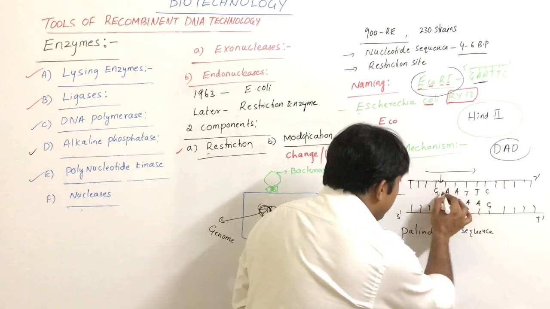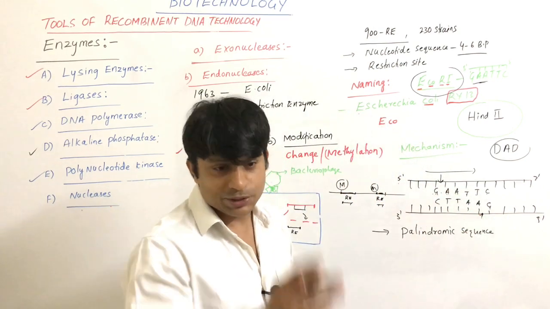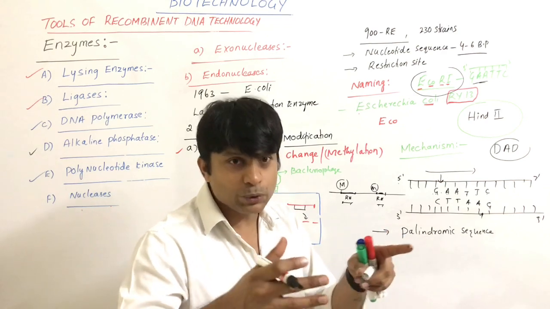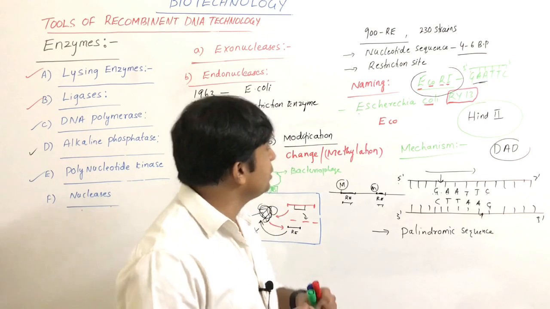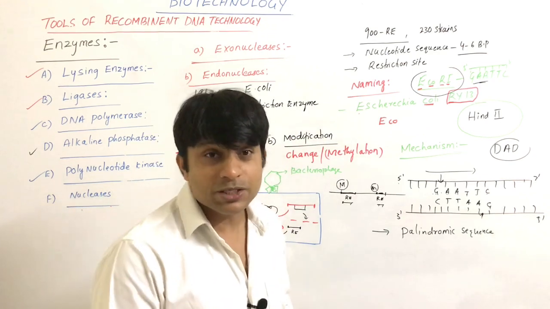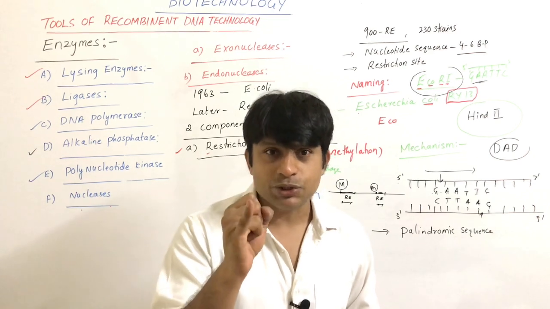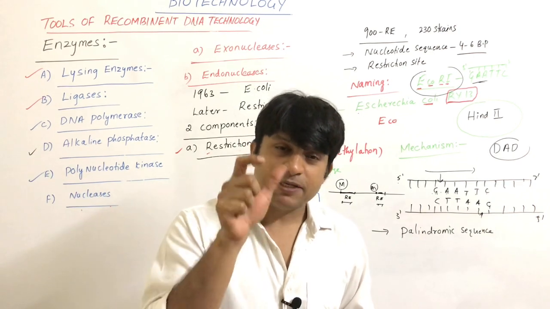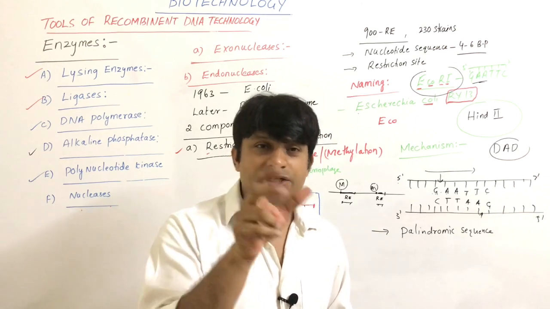At the same base sequence, it makes a cut on both strands, giving rise to single stranded DNA fragments. So this is how restriction endonucleases work. They identify a specific base sequence. Because they identify a specific base sequence, that site is called the restriction site, and they are called restriction enzymes.